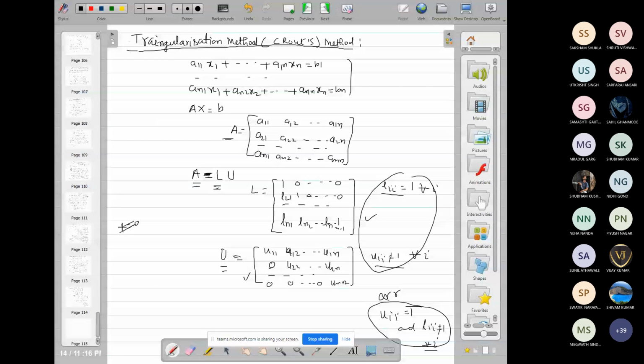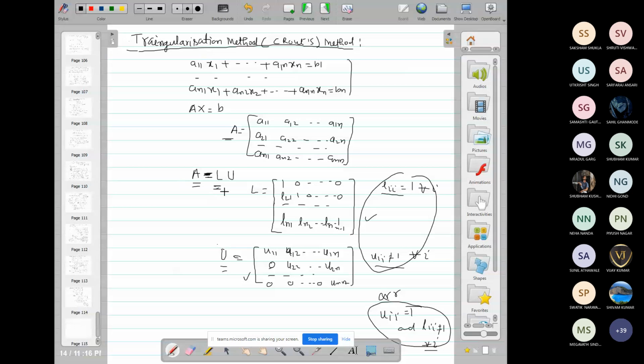In that case we are not able to determine L and U. So first it is better to check whether the coefficient matrix is positive definite or not. If it is positive definite, then certainly we can express A as the product of lower and upper triangular matrices.